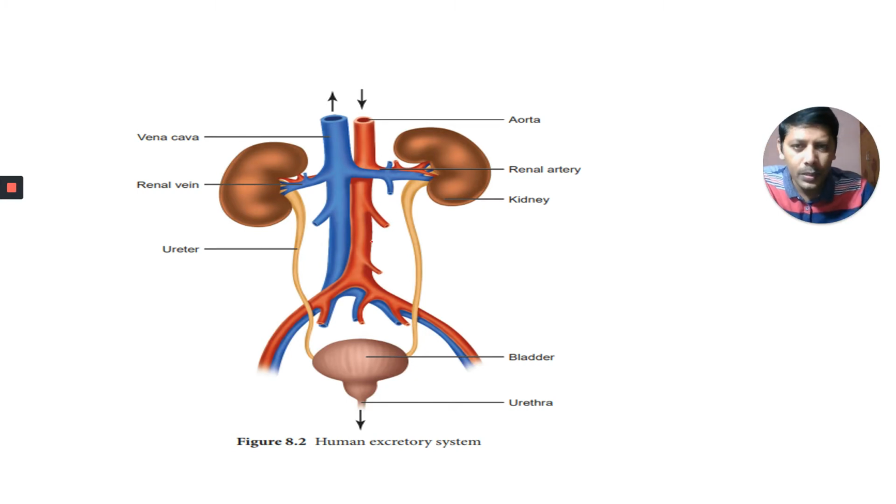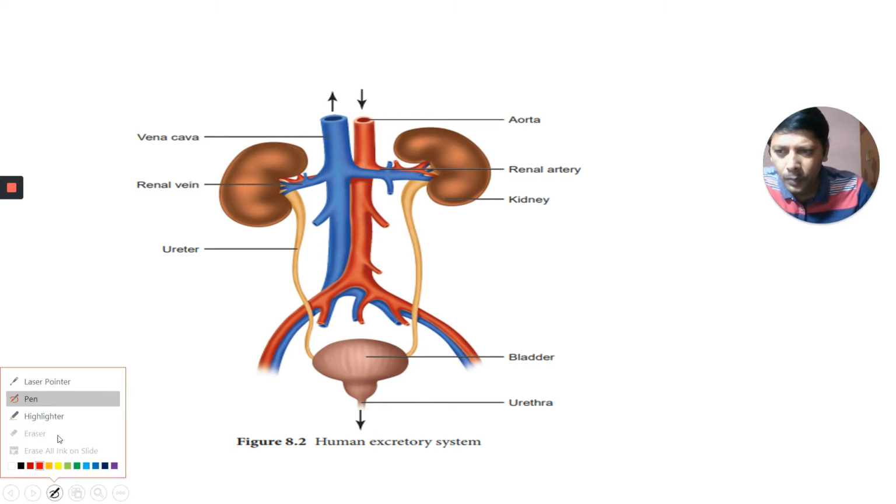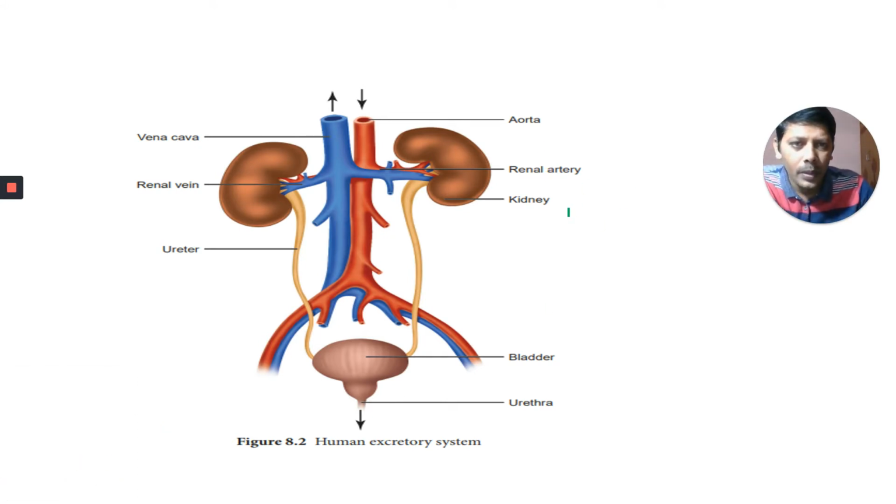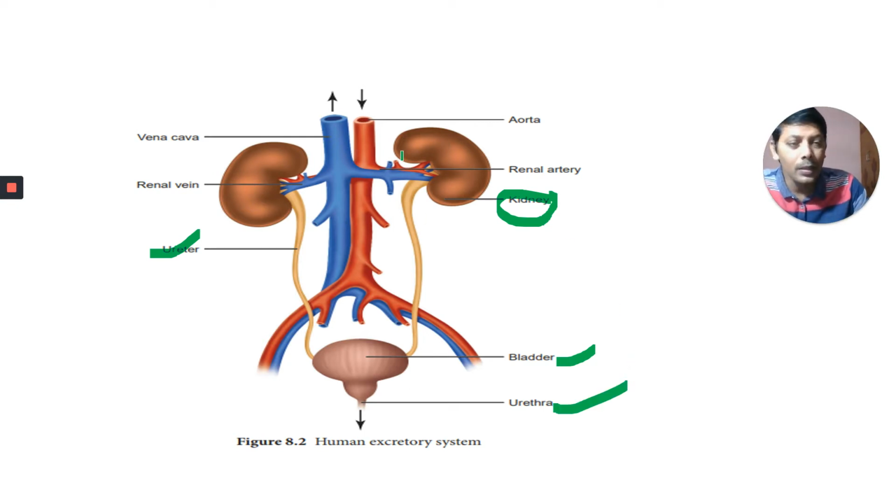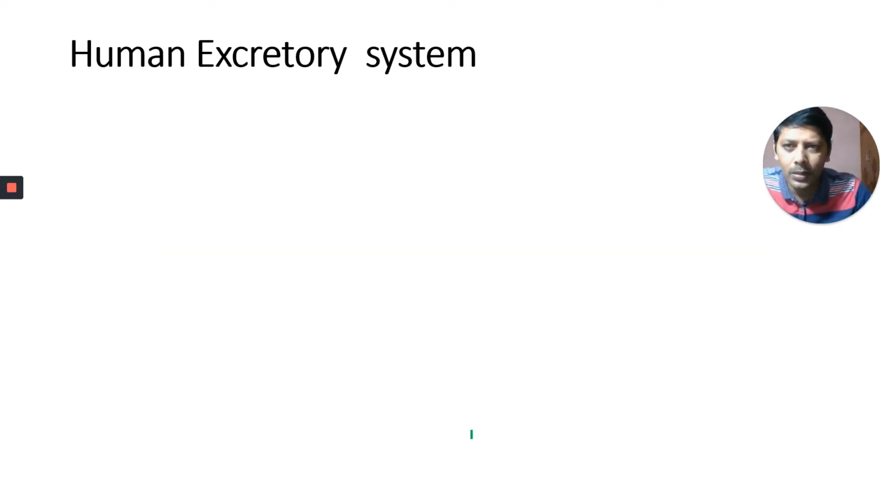We completed the kidney part. Now we are going to study ureter, urinary bladder, and urethra. Then we study the internal structure of the kidney. Those are the topics we will learn in this part of the human excretory system.